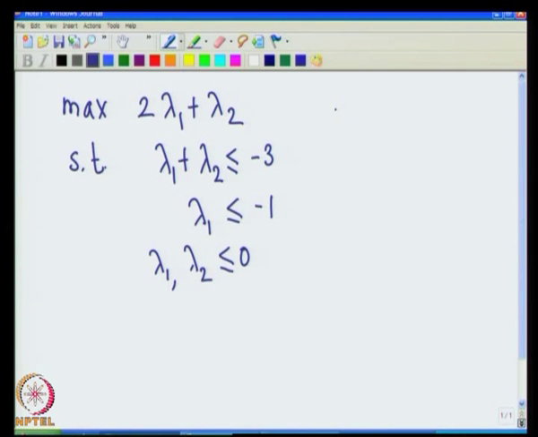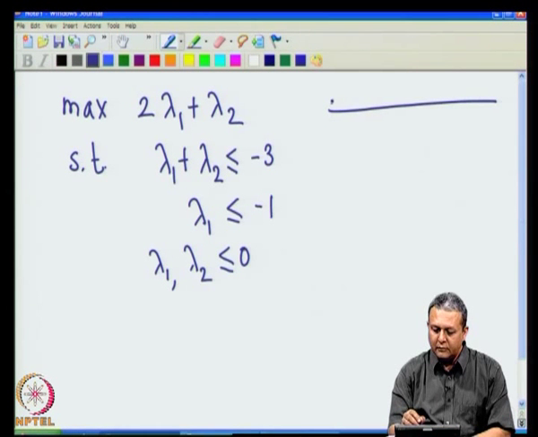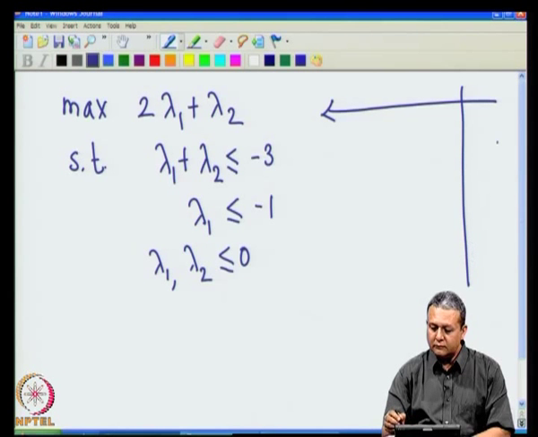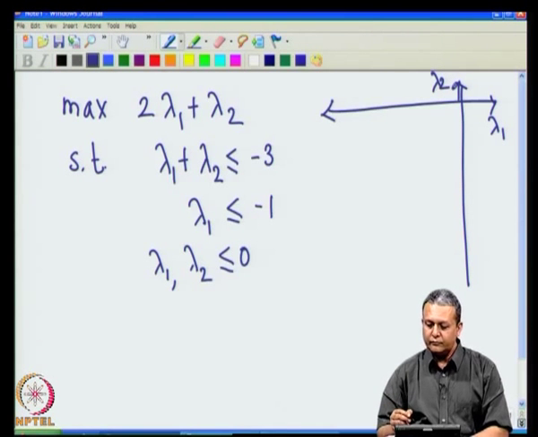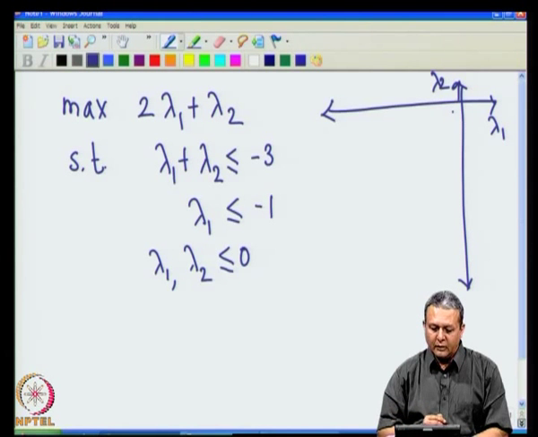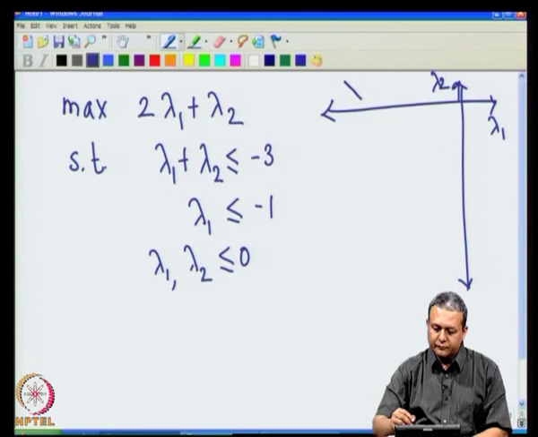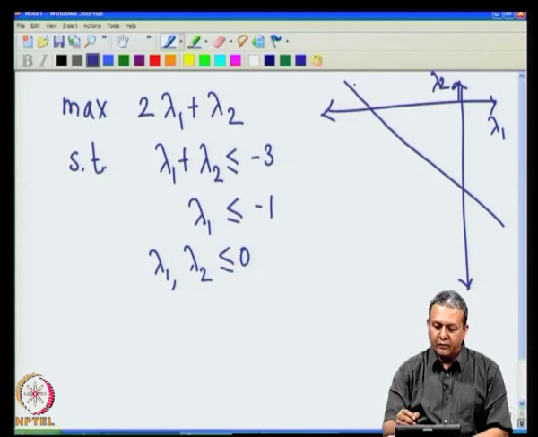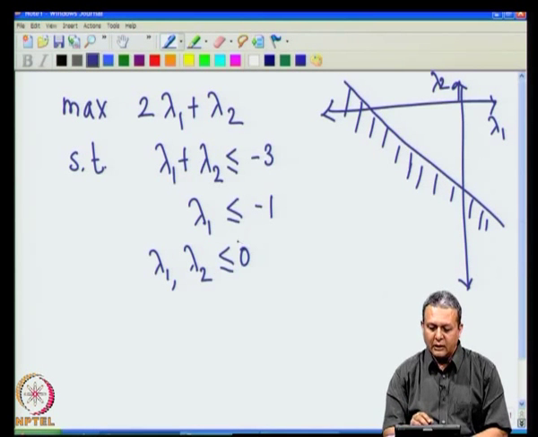So, that means they lie in the third quadrant. So, we have lambda 1 and lambda 2 and we are interested in the third quadrant. So, lambda 1 plus lambda 2 less than or equal to minus 3 is the region shown here and lambda 1 less than or equal to minus 1.